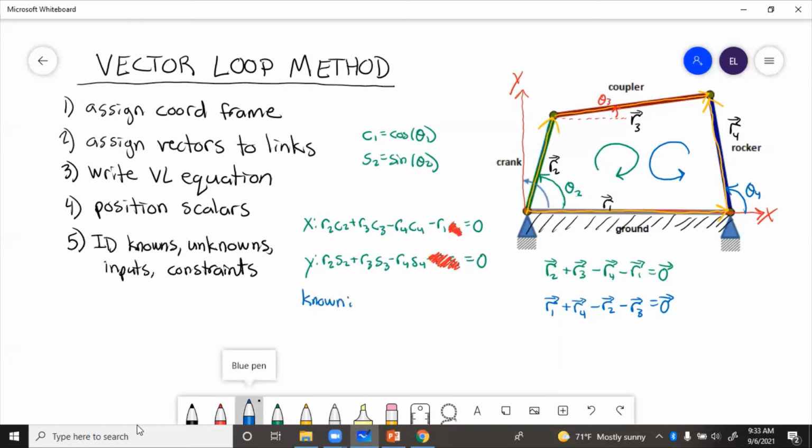Well, all of the link lengths, so all of the R values are constant. And then the only angle that doesn't change is theta 1, the ground angle. So theta 1 is also known. Now, unknowns, those are values that change with time. So anything that's not a constant, that's going to be changing, it's something that we'd have to calculate. So that is the other stuff, theta 2, theta 3, and theta 4.